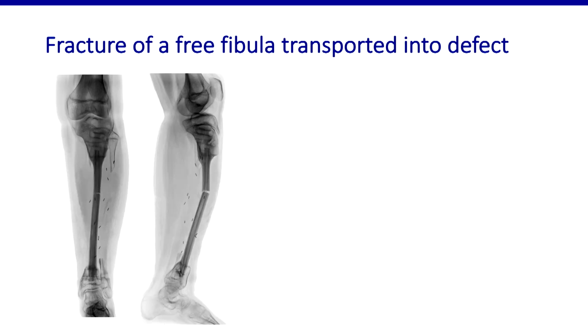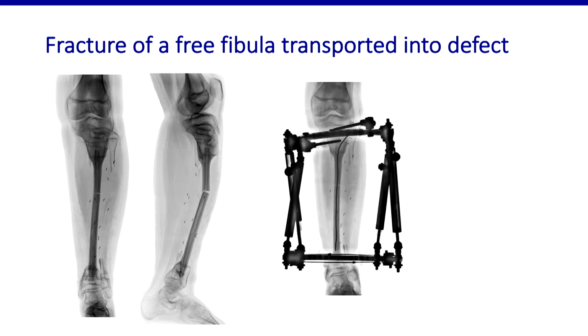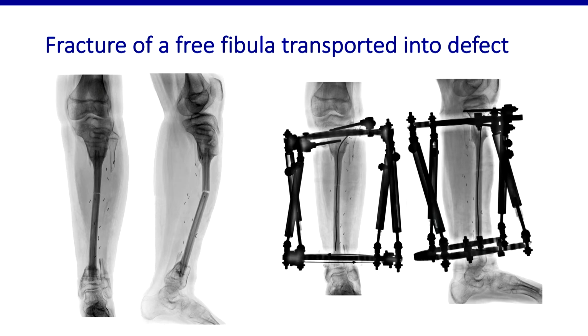This is another example. This was a fibular transport into a huge defect on the tibia. Unfortunately, there was premature loading and the transported fibula broke. There's actually about a 50% complication rate of broken fibula when you transport it here. So we put the patient back in the frame and placed a flexible rod along this long fibula.